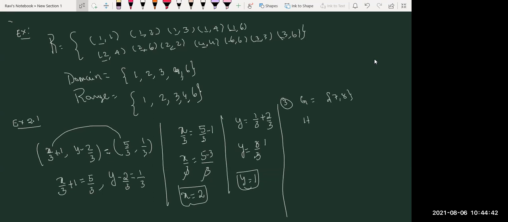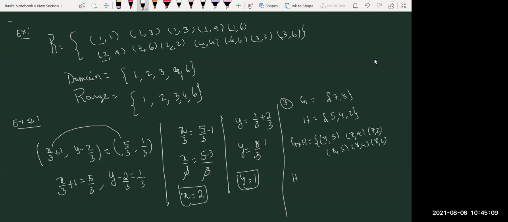H equals 5, 4, 2. They're asking G cross H. Tell me the cross product. 7, 5. Very good. 7, 4. 7, 2. Next, 8, 5, 8, 4, and 8, 2.